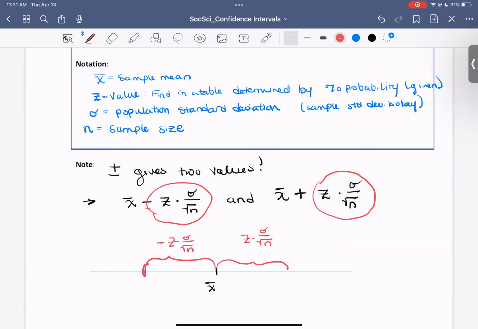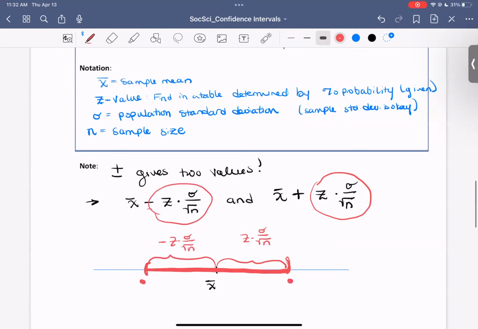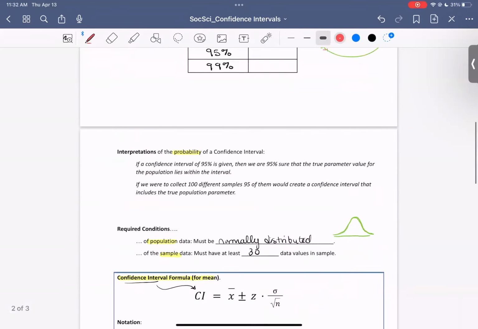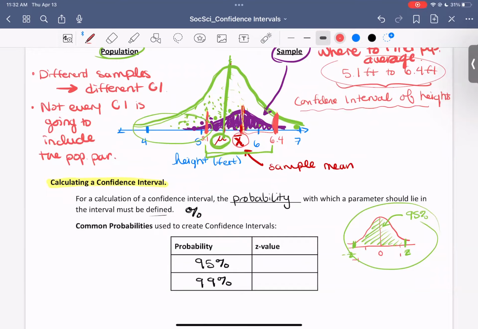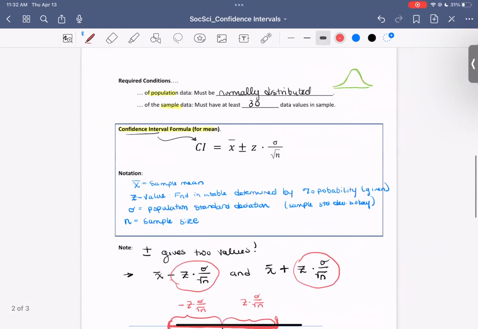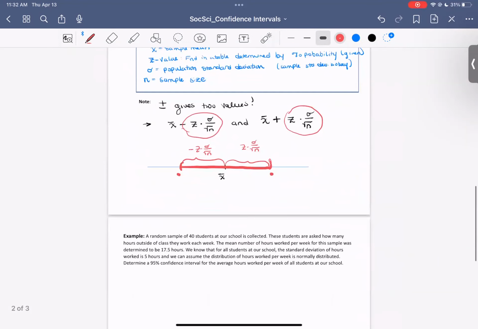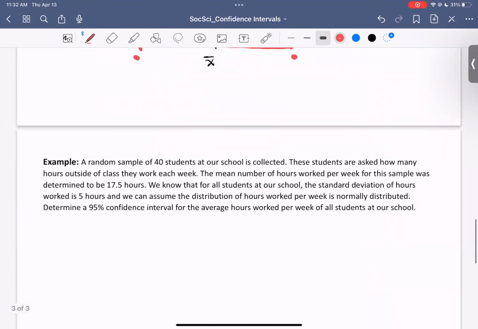So when we create that confidence interval, again, we get this range of values, and that X bar, that sample mean, is in the center. And that's what we saw in our diagram looking at heights. Okay, so now let's finish off with looking at an example together.